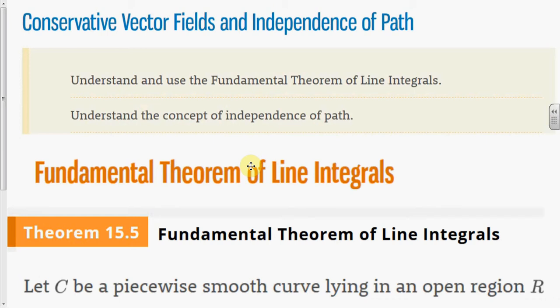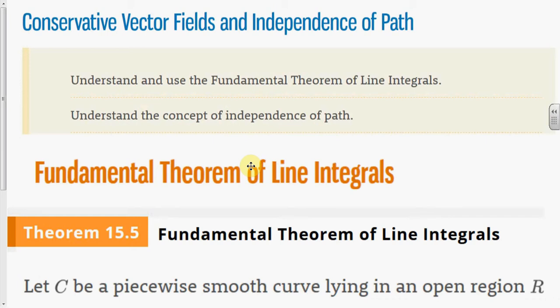The second neat thing is that if the vector field is conservative, then we say the line integral is independent of path. That simply means it doesn't matter where you travel going from one fixed point to another fixed point. You may travel a long distance or a short distance, but the same energy will be exerted on either path.